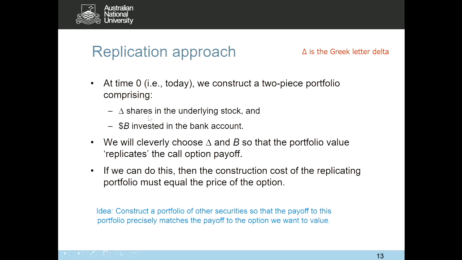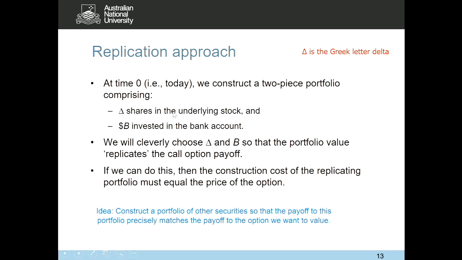This portfolio involves investing some money in the underlying share and some money in a risk-free bank account. Let me be more precise. We're going to buy delta number of shares, where delta measures how much share we need to buy, and we're going to invest $B in the risk-free bank account.